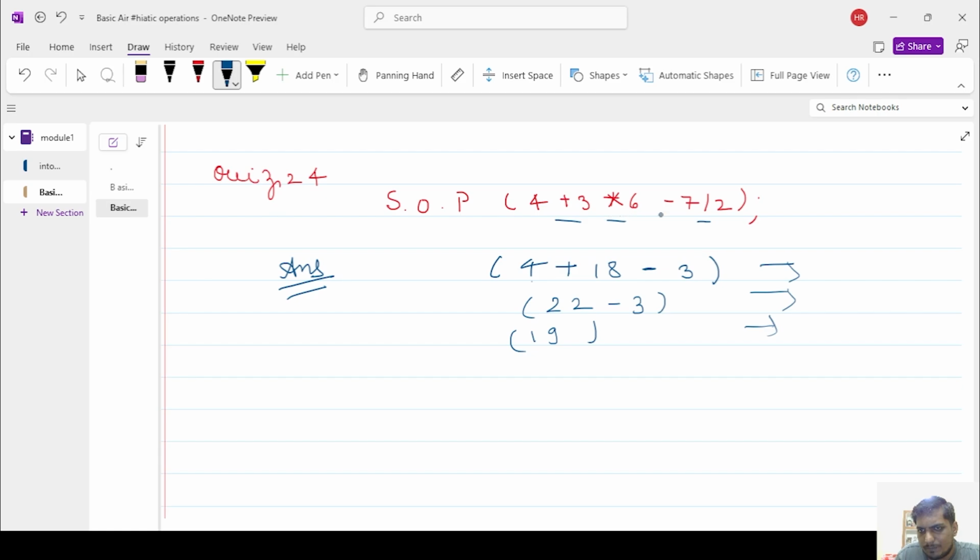So we give multiplication and division the priority. First we multiply that number, that is 18. After minus we will divide 7 by 2, that is 3. Adding and subtracting from the left side, first we add, that is 22. 22 minus 3, that is 19. From this method we can solve this.